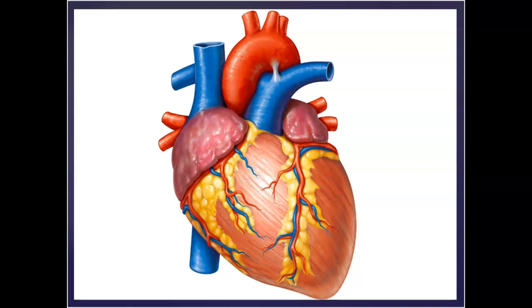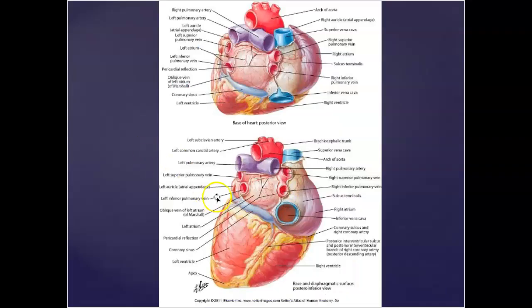Next, on the back side of the heart, you'll want to basically cut open the left atrium. If you can find those pulmonary veins that you cut off to remove the heart, make a cut straight through the left atrium, a horizontal cut, between the pulmonary veins, and you'll be able to open up and notice that left atrium too.